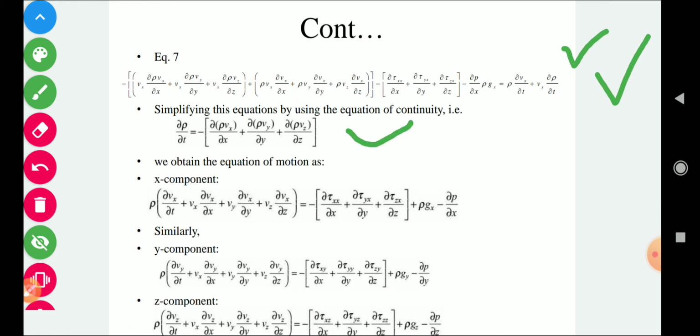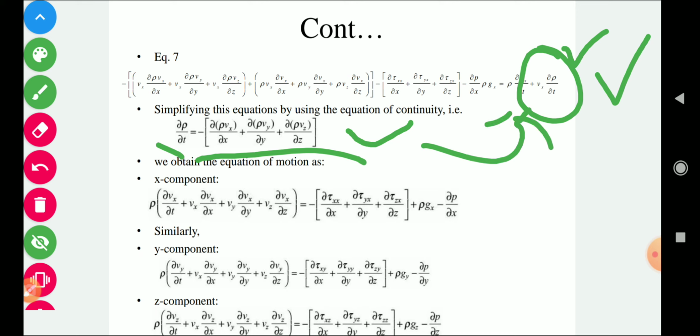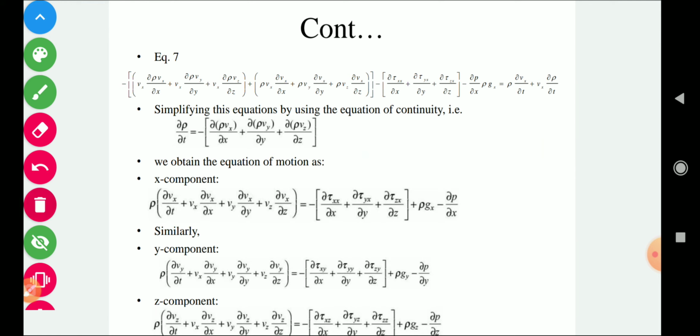So if we replace del rho by del t from this equation into this equation, putting del rho by del t equal to minus del of this term, and then take these rho terms together, finally we will get this equation.